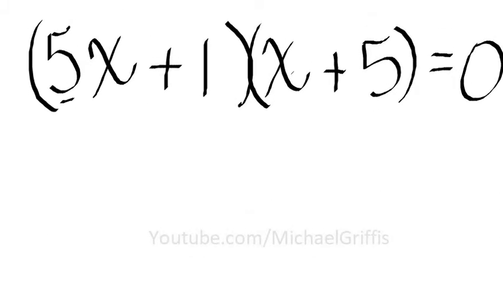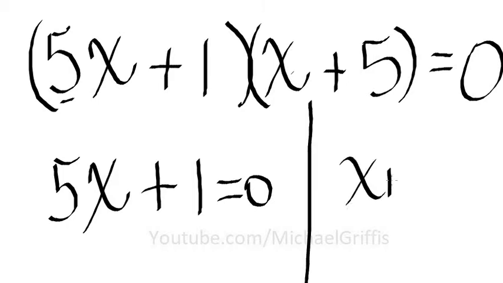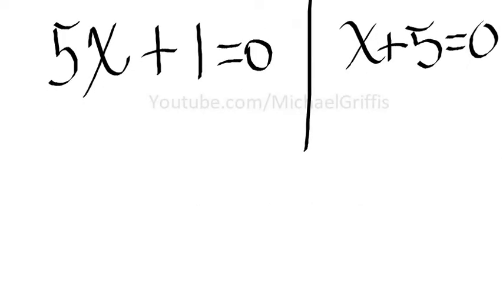So now set both these linear factors equal to 0 and solve for x. So in this one we have x is equal to negative 1/5.